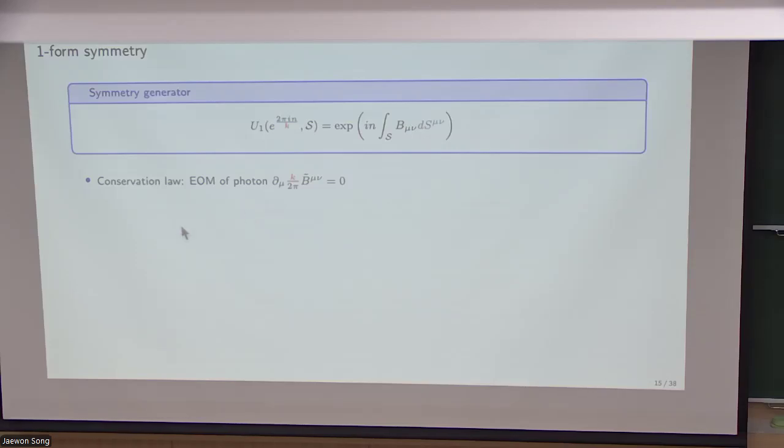We can consider the equation of motion for the photon, which can be written like this. Since this is a total derivative, we have the conserved current here. By using this conserved current, we can construct the symmetry generator by an appropriate integral and U(1) parameter alpha, as in ordinary quantum field theory.